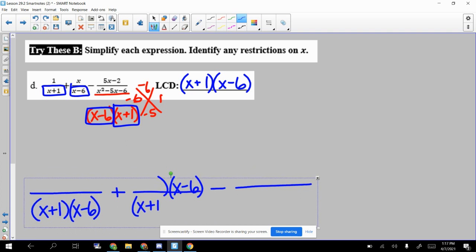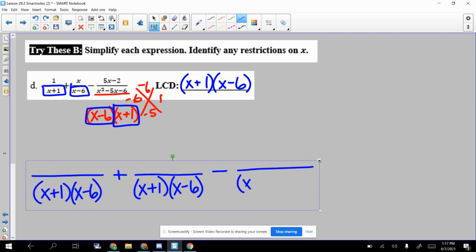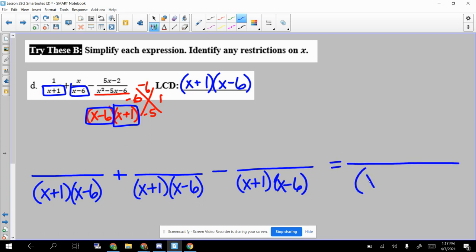And then even the solution has to have that as well. So we could put equals blank over x plus 1 times x minus 6.